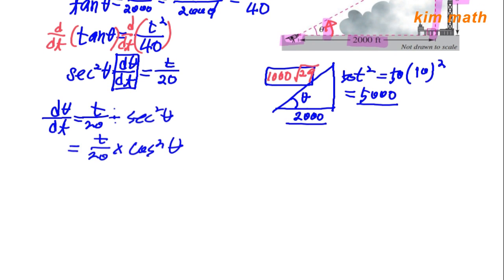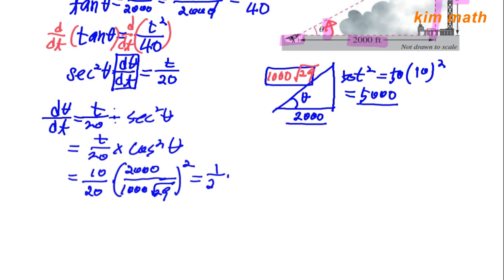Now plug in. t is 10 over 20, and cosine theta in this picture will be 2000 over 1000 square root of 29, squared. Now the first part is 1/2.